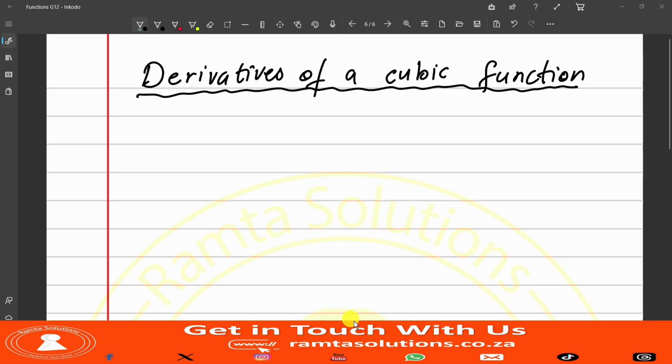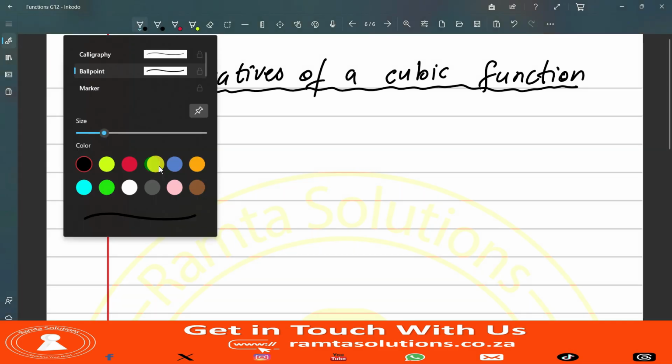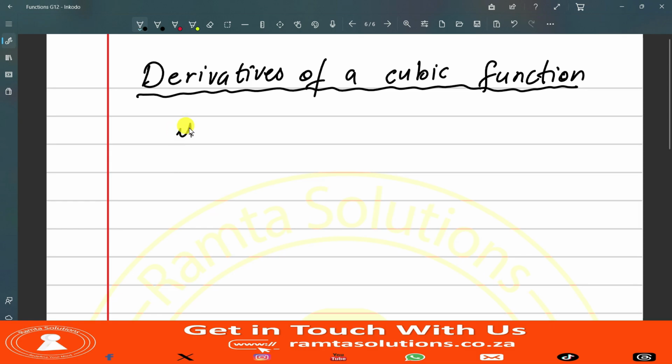In today's video, we are going to be looking at derivatives of a cubic function. Now, you know that a cubic function has this equation, y equals ax cubed plus bx squared plus cx plus d. I know you prefer to say f of x.